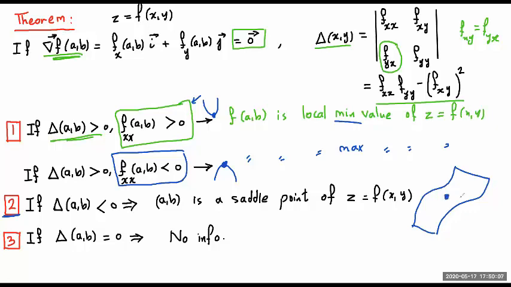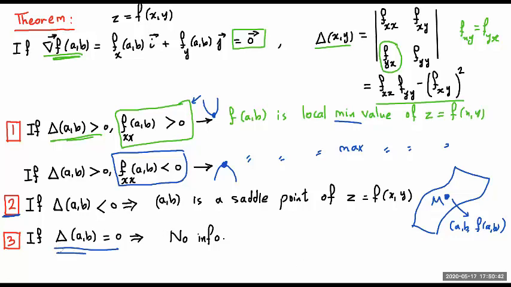At this point M, the tangent plane is horizontal, but f(a, b) is not a local maximum value and not a local minimum value. If delta equals 0, there is no information.